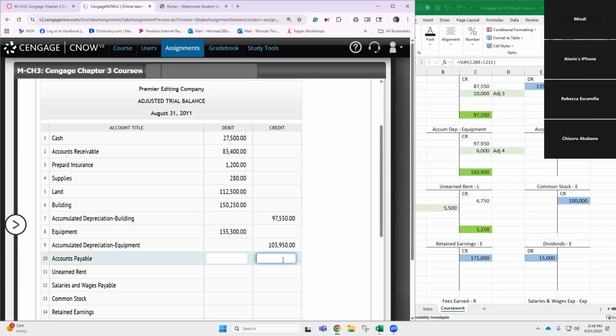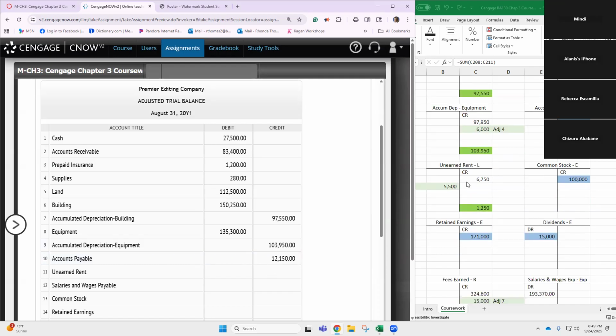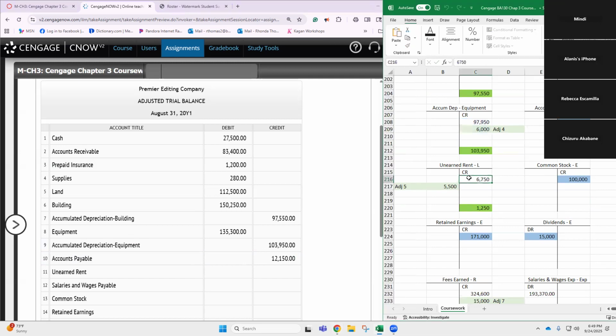Okay, we're ready to put accounts payable in. It was not adjusted. It just goes in as a credit balance of $12,150. Unearned rent. Yes, it was adjusted. We started with $6,750. They told us that we earned $5,500.